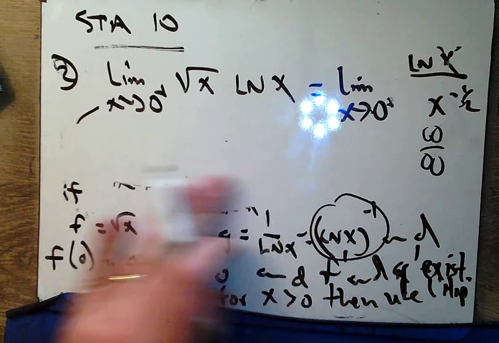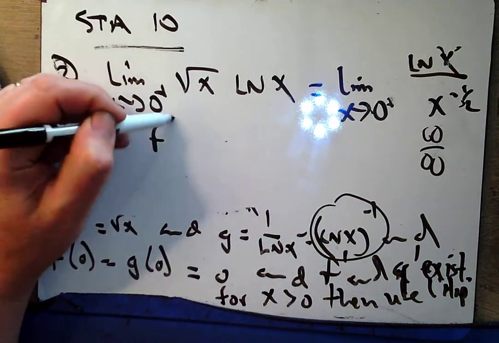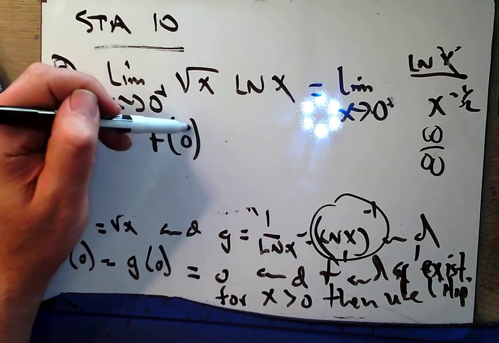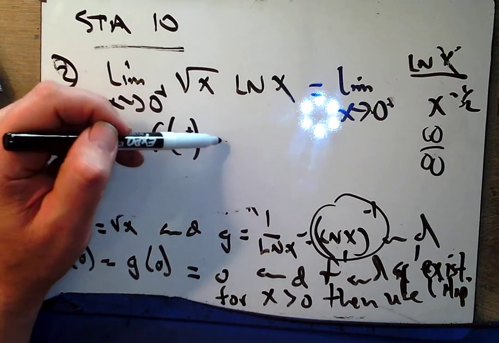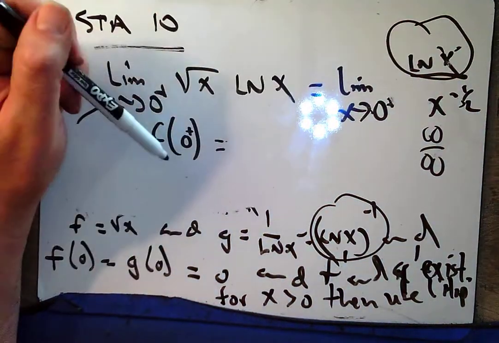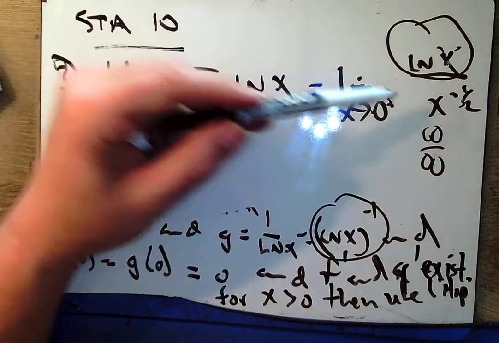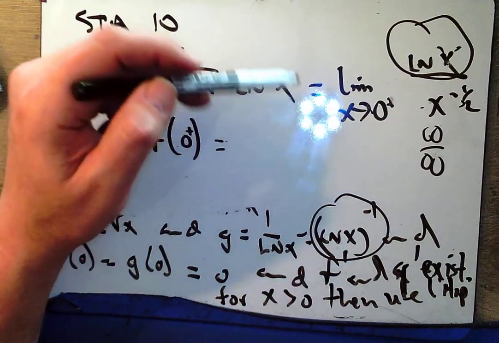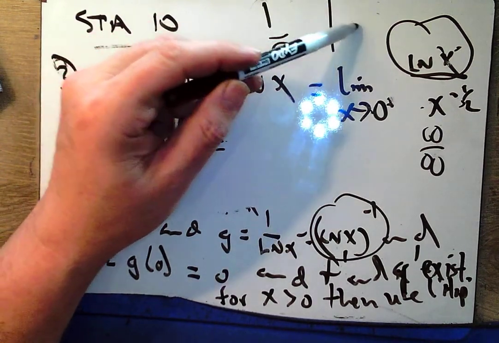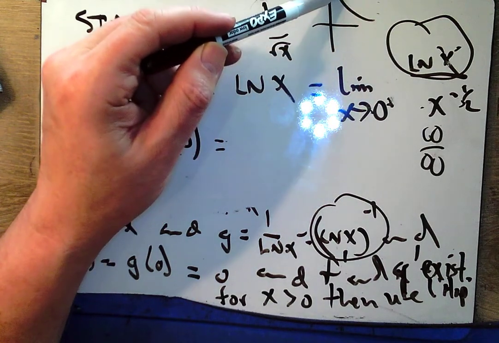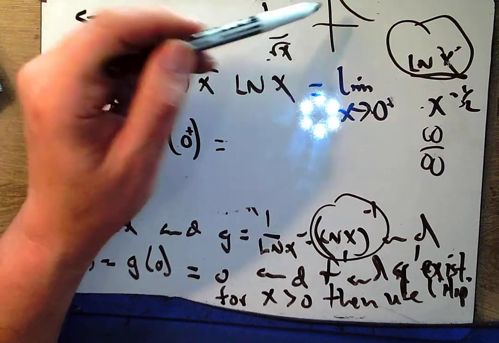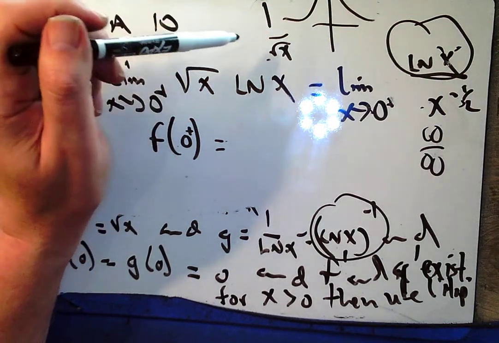Well, there's nothing really wrong with that, except that f of 0 doesn't exist. So I'm going to do f of 0 from the positive. And f of 0, if this is my f, that's negative infinity. And if I plug in a 0 here, that's 1 over square root of x. Because that's always got to be positive. And that's always got to be positive.